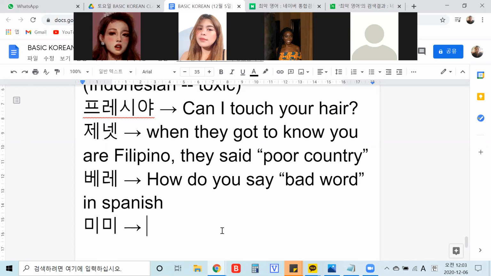Well, a lot of Filipinos always hear this from foreigners or from other people, most especially from Western countries. When we speak English, they always say, "Oh, you don't sound Filipino."